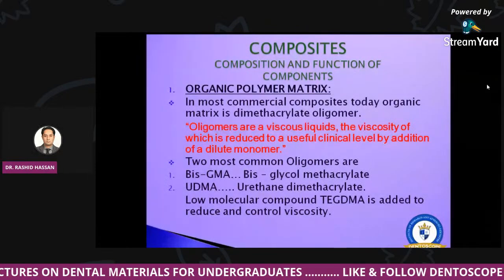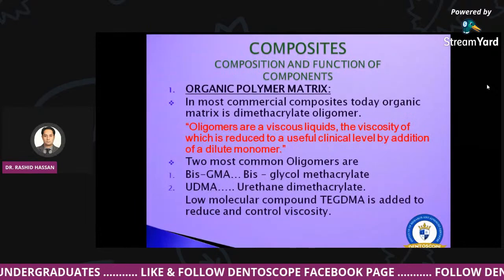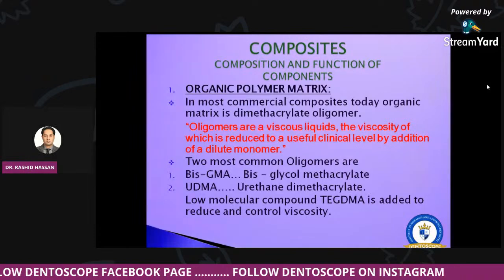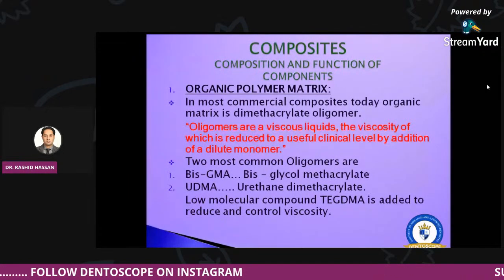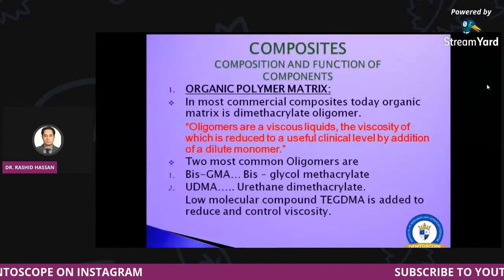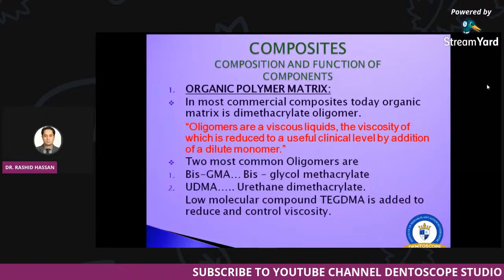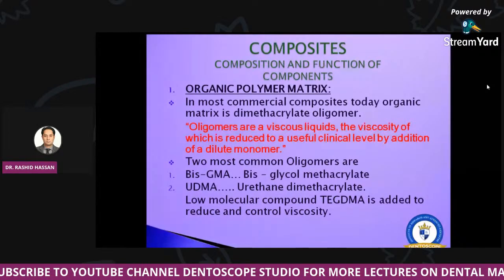So the first component is the organic polymer matrix, which is a continuous phase. Well, in most commercial composites, the organic matrix is dimethacrylate oligomer. Dimethacrylate oligomer is the polymer matrix which is used. And what exactly is an oligomer?